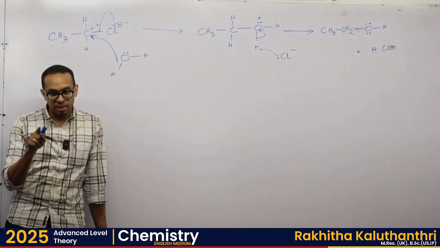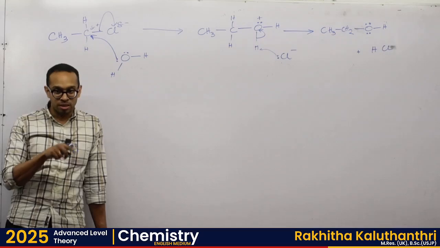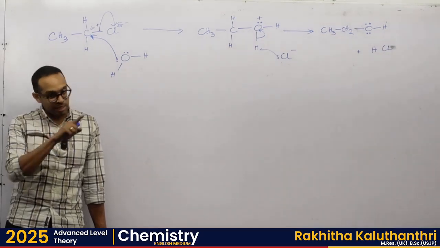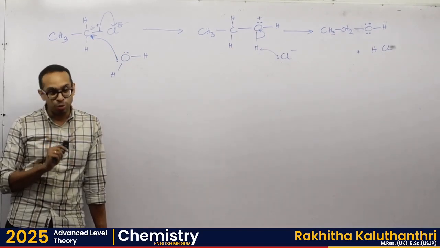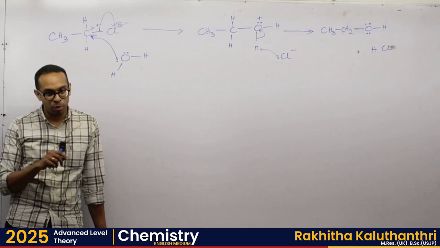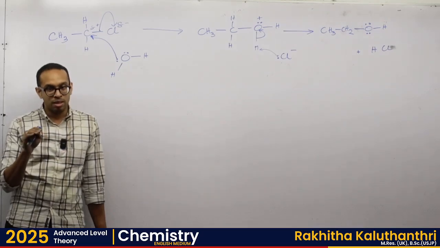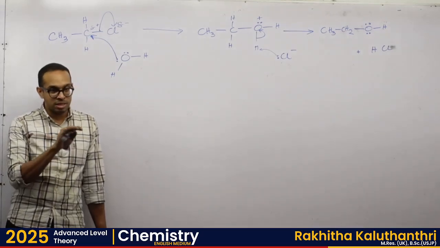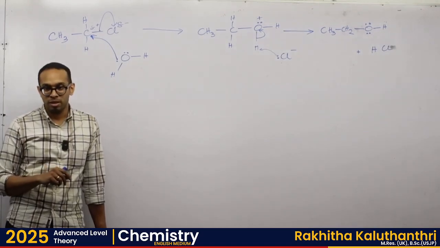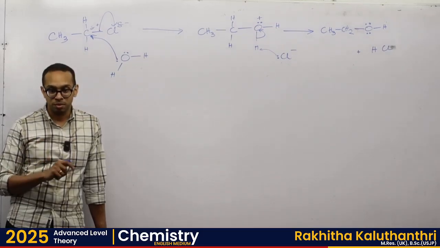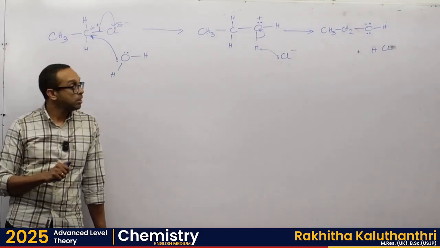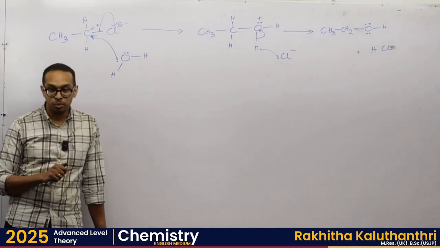But ammonia, amines and water, they all have this hydrogen leaving, right? So those are new. So now once you get used to the fact that there's a hydrogen leaving part in certain nucleophilic substitution reactions, you know how to do any of those, right? So I hope now it is clear to you. Okay?